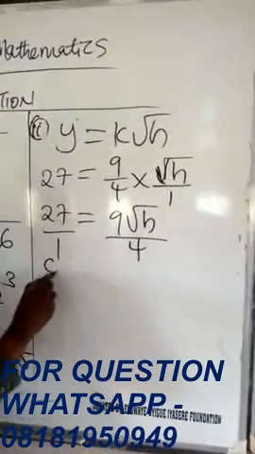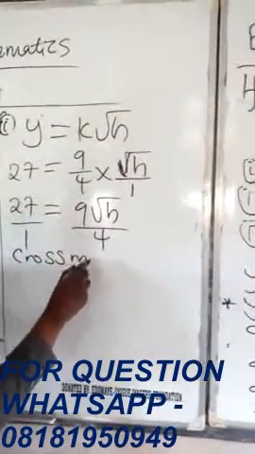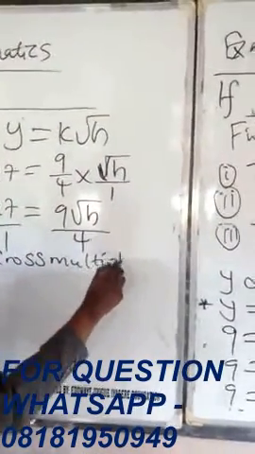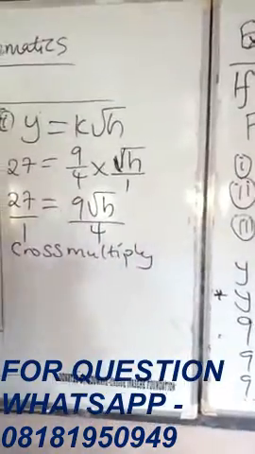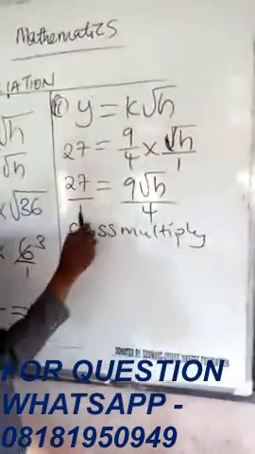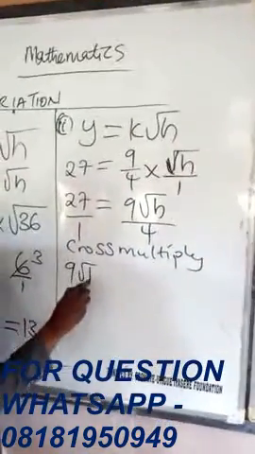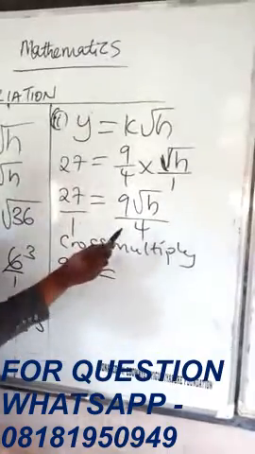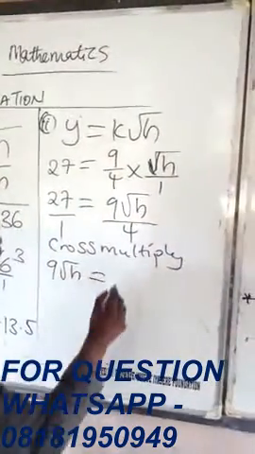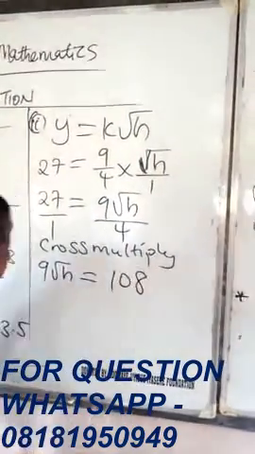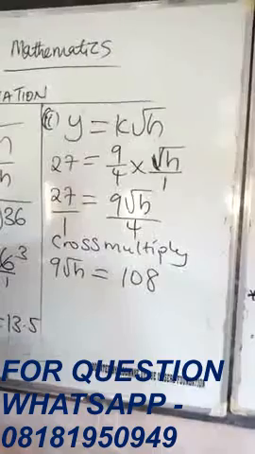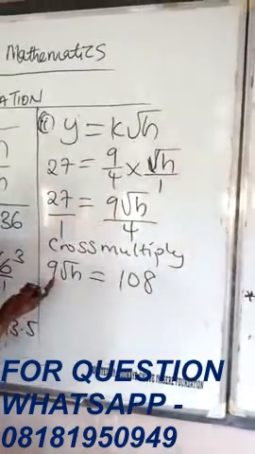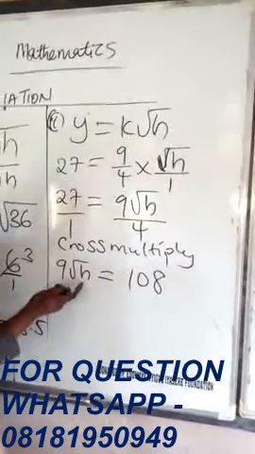The next thing is to cross multiply. When you cross multiply, always do the unknown first. 9 root h times 1 will give us 9 root h, equals 27 times 4, which I think will give us 108. Students, are you there? This is the unknown, and this is the coefficient of the unknown.